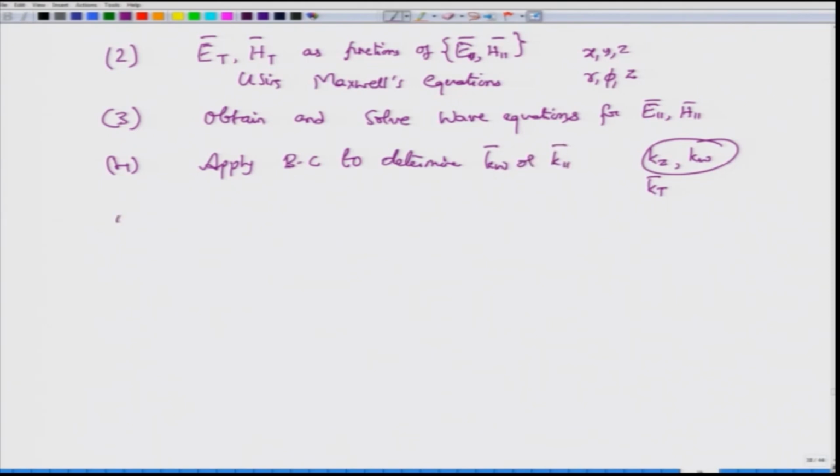Okay. The fifth step is to obtain the transverse electric and magnetic field components Et and Ht in terms of E parallel and H parallel.